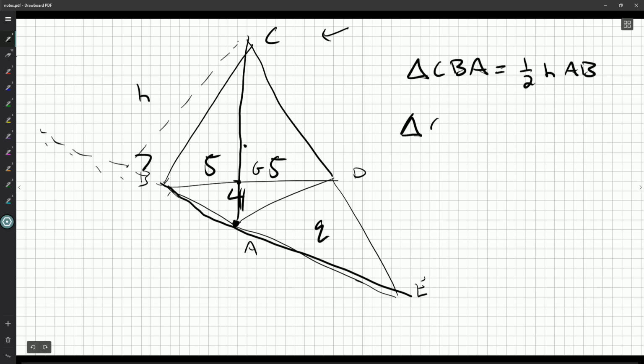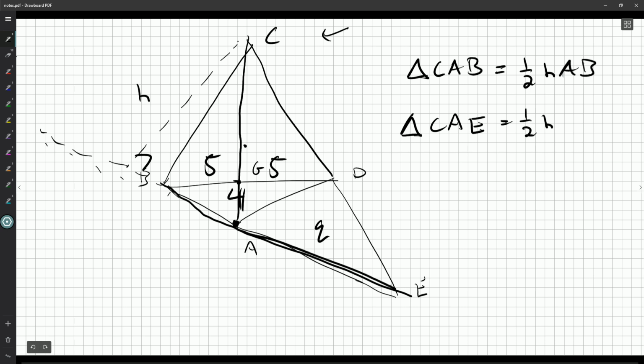Triangle CAE would get AE by itself. And I'll rearrange this to say AB. Oh, I already had that one as AB. Silly me.